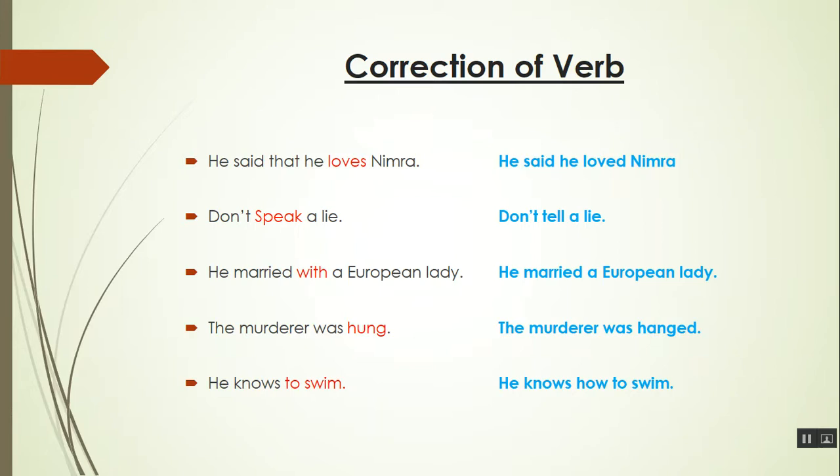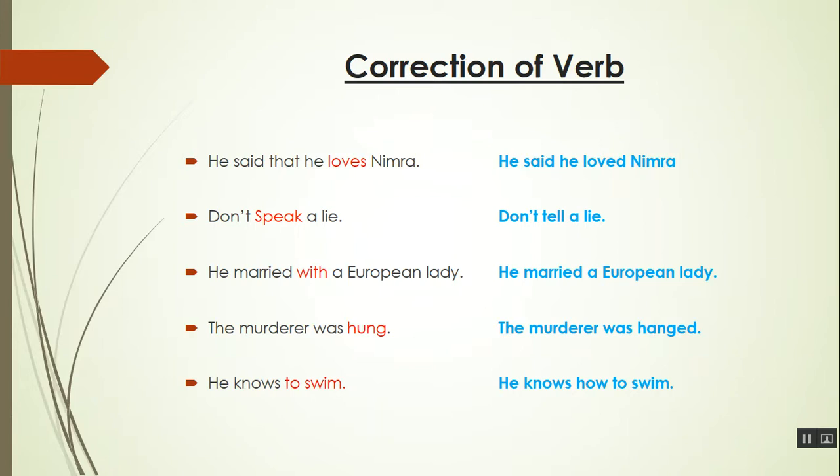The fourth sentence is: the murderer was hung. Look at the highlighted red part, hung, because we have the verb hang, hung, hung. First, the present form is hang, then past hung, and past participle hung. But over here, the murderer is a living being, a human. If we are hanging a human being, we don't use hung, we use hanged.